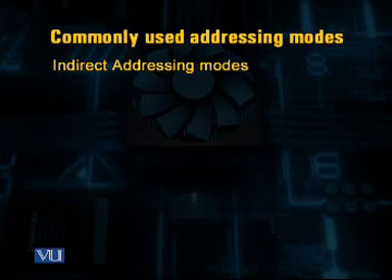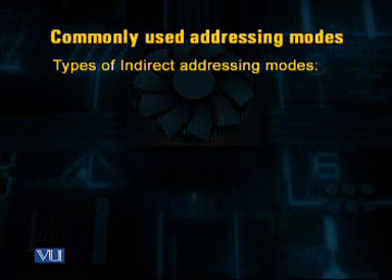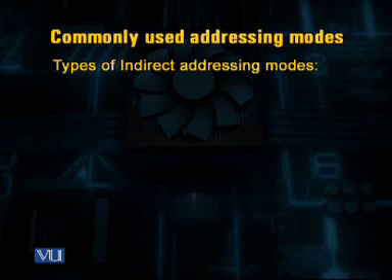The indirect addressing mode is one where the address of one of the operands is specified indirectly by either the contents of a register or by the contents of a memory location, whose address is specified as part of the instruction. This I will explain to you with the help of this next slide, which you can see over here.